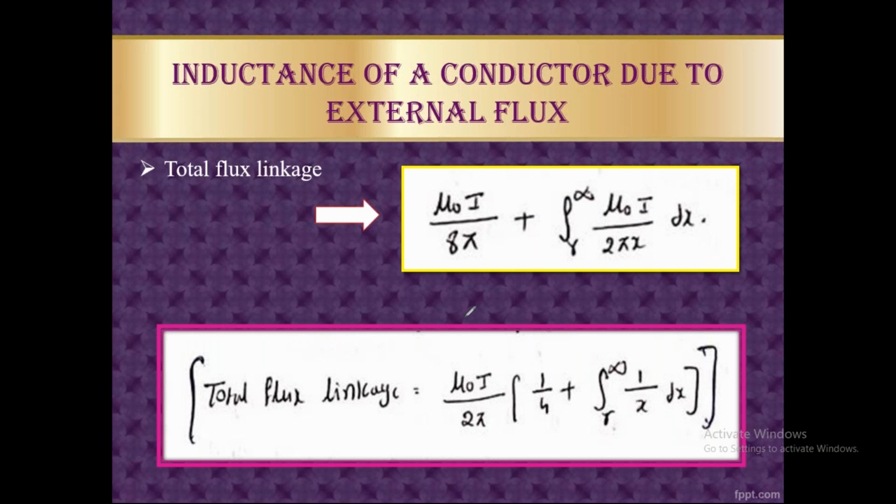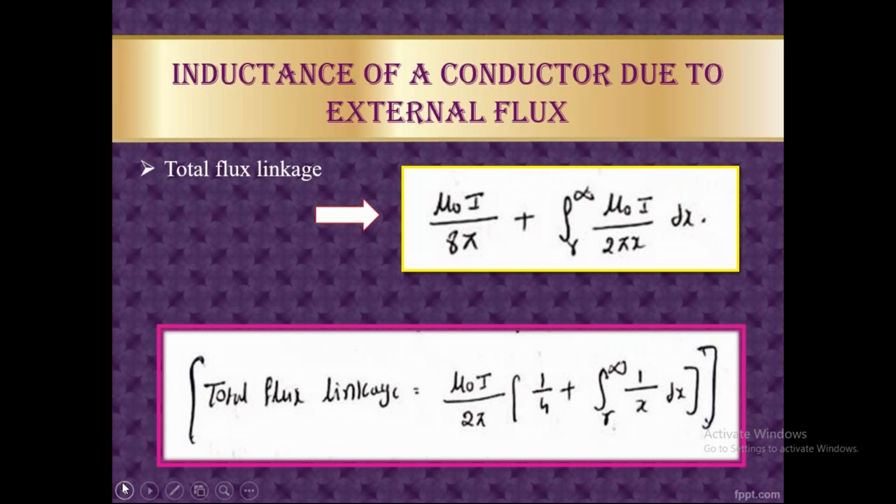So from this equation, μ naught I by 2 pi take common, into 1/4 plus integral of r to infinity of I divided by x into dx. So this is the total flux linkage of a conductor. Right.